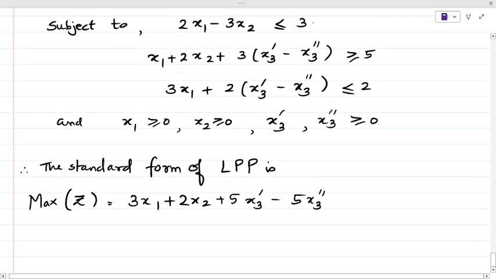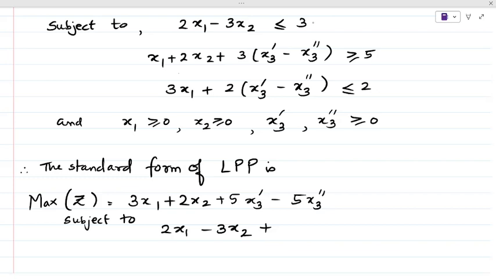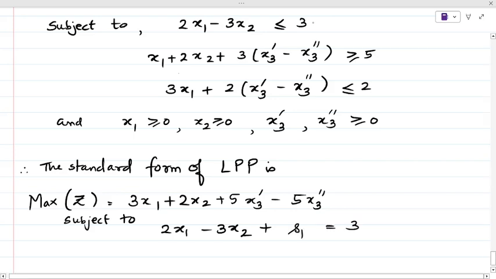And then subject to, here it will be 2x1 minus 3x2 plus, we will have to add one slack variable over here, so that is s1, which is making it equal to 3.